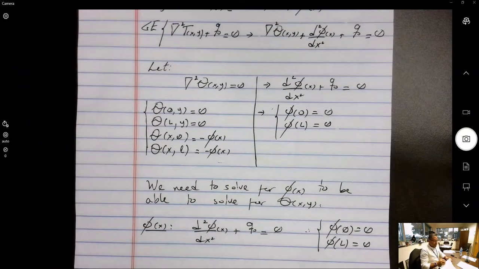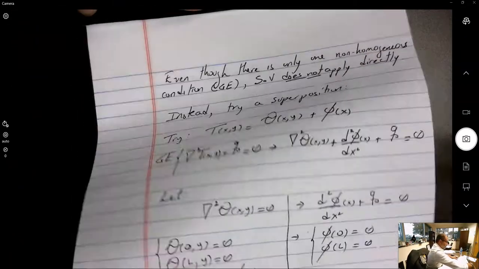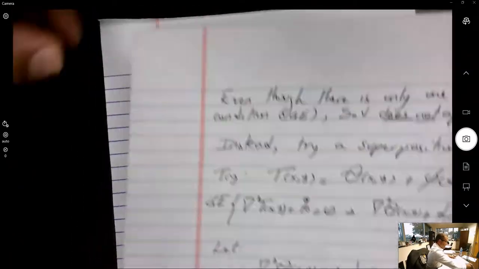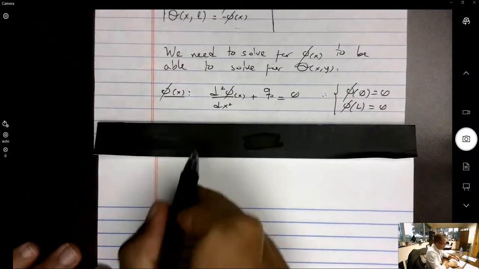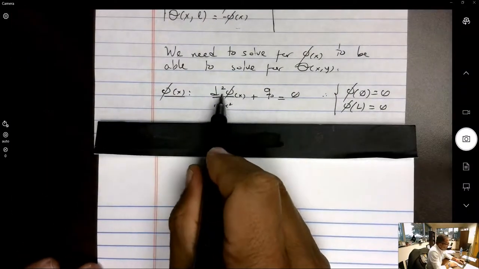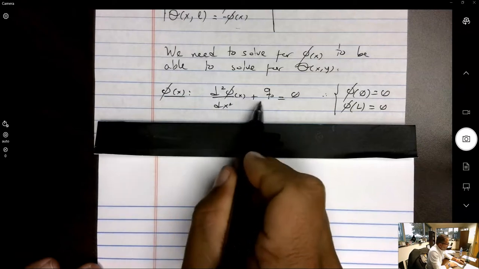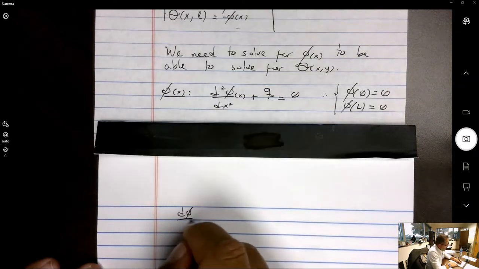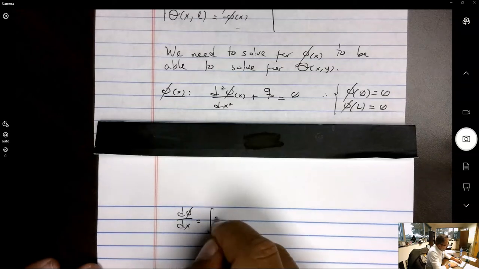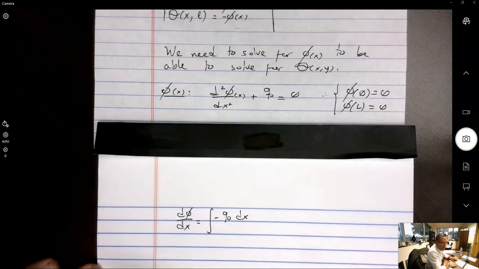So let's do that in a couple steps, but this is a pretty simple process. So the way it goes is that if d second phi dx squared is equal to minus q0, then d phi dx should be equal to the integral of minus q0 dx.